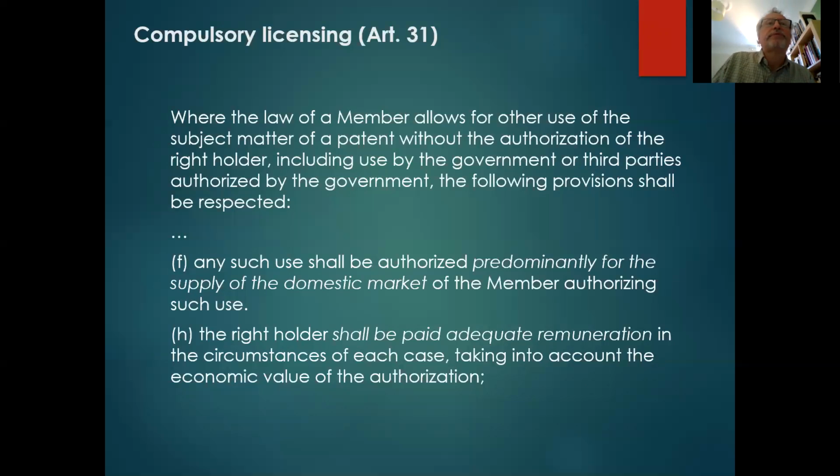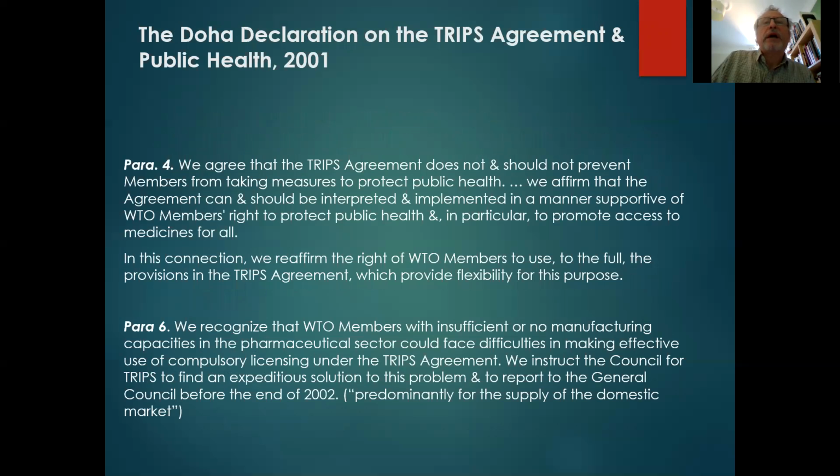There are rules under TRIPS about this, and due to the AIDS crisis in the late 1990s, there was pressure for the members of the World Trade Organization to take into account the importance of compulsory licensing in order to provide AIDS drugs, but at the same time to accommodate the problem that many developing countries do not have the capacity to manufacture AIDS drugs in their own market.